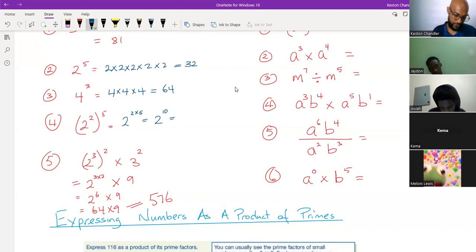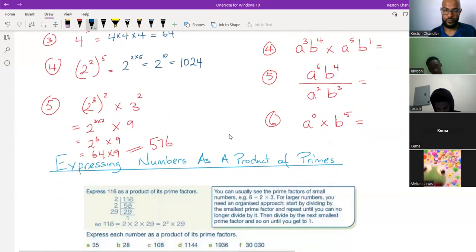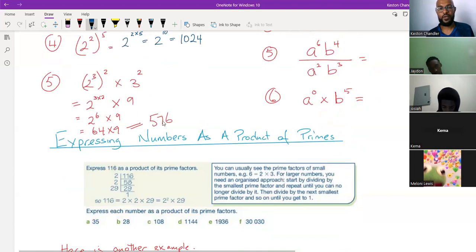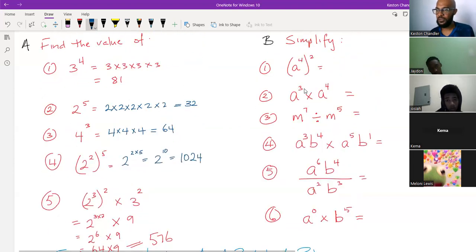Now it works out to be 2 raised to the power of 10, 1024. All right, we did this one. This is 576. Everybody understand that? On this side now, these are more algebraic terms.